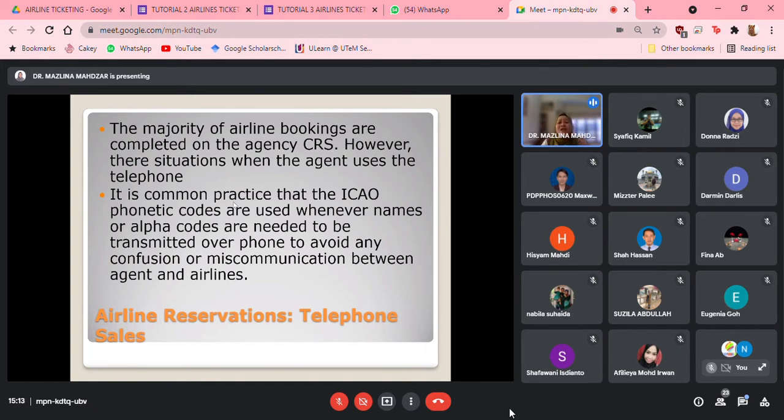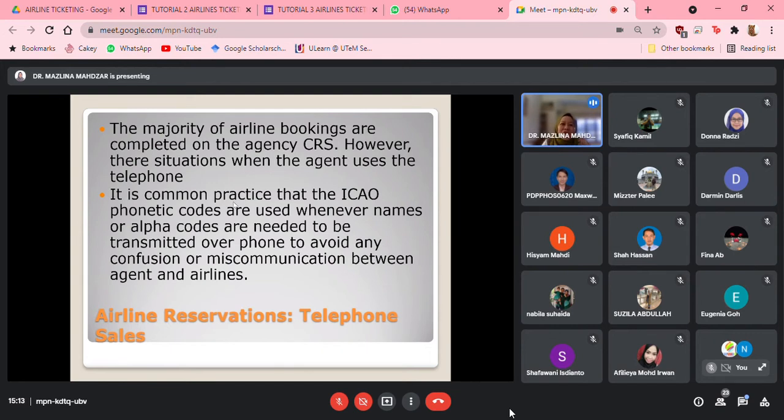So the practice of transmitting the name over the phone is not between the passenger and the travel agent, but, let's say you are just a middle person, a small retailer travel agent with no system, but you take bookings from your customers, say to fly Berjaya Air. Berjaya Air is not in the system. You have no system, so you have to call up Berjaya Air and make the booking.